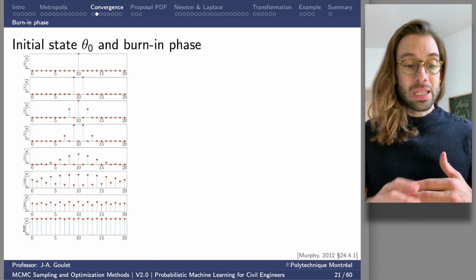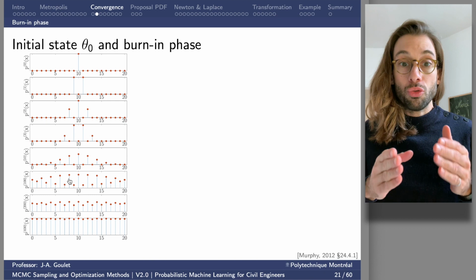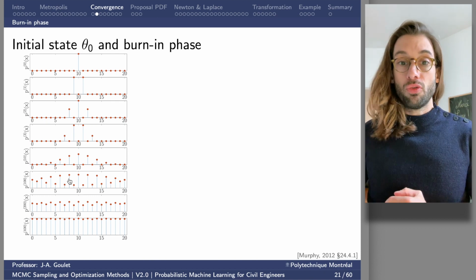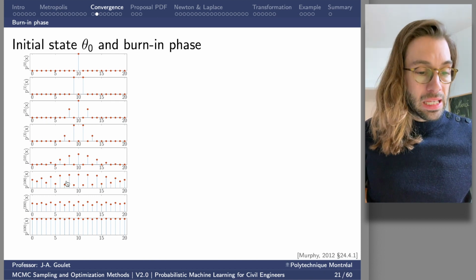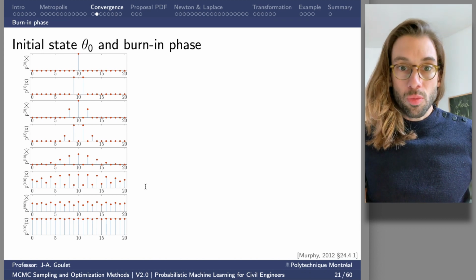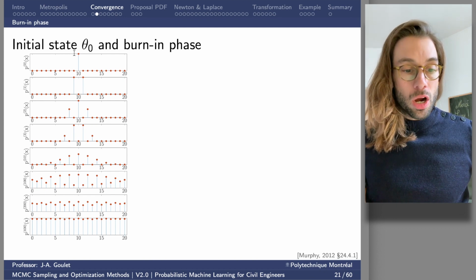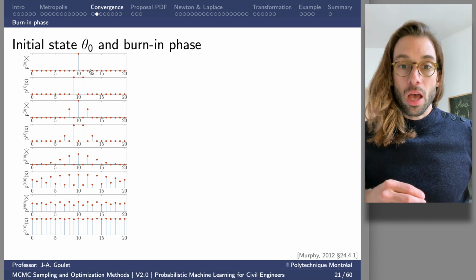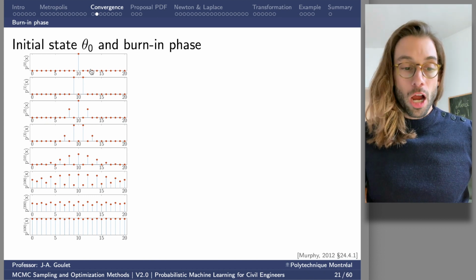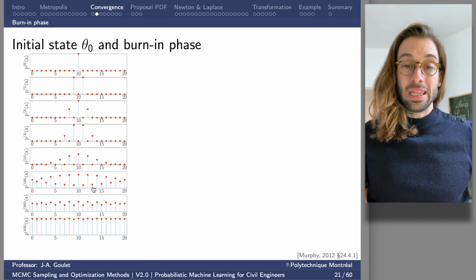What we can notice is that it takes a while for this problem to forget where it started from. In that case, even after 100 iterations, I haven't reached a stationary distribution where the probabilities of being in any position are equally likely, because the starting locations still have a greater probability of occurrence just because we started from there and haven't explored enough of the entire domain.